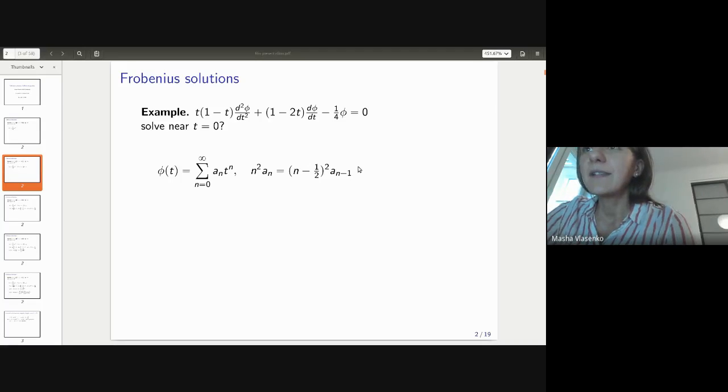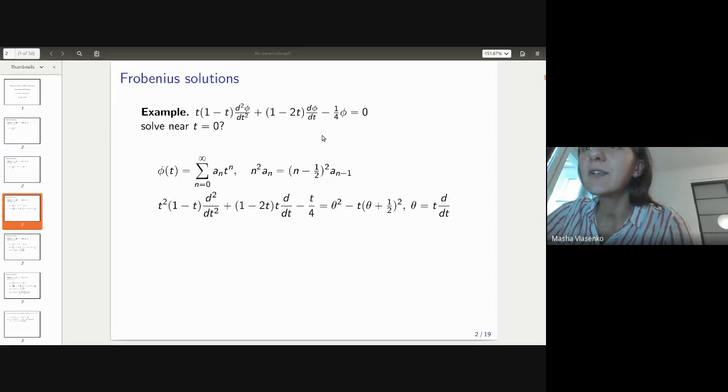This is something that everyone who tried to solve differential equations observes, that differential equations are equivalent to recurrences. And to see why this recurrence corresponds to this differential equation, it is convenient to rewrite it in terms of the derivative t d over dt, which I will call theta.